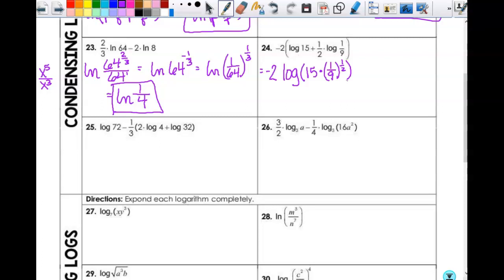And then 1/3 times 15 is what? 5. Okay. So this is going to give me negative 2 times the log of 5, basically. So that gives me log of 5 to the negative 2 power. And what is that? 1 over 25. And there you go.